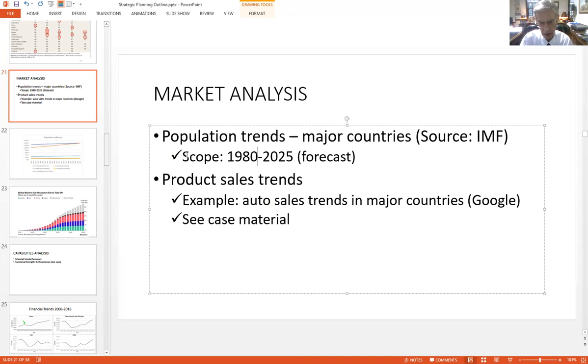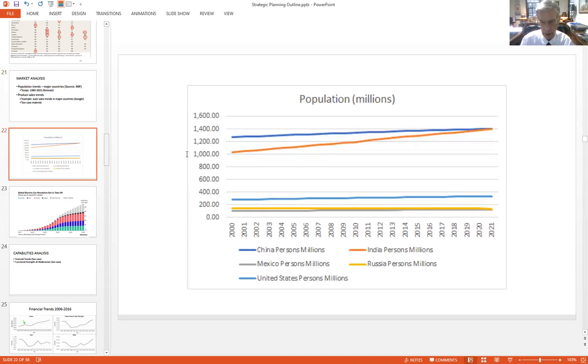But product and service sales trends are definitely not hard to come by, and you really need to get them if you're going to do an analysis of a company's strategic situation. So this happens to be a graph showing trends of population at the top of China, immediately below it, India.